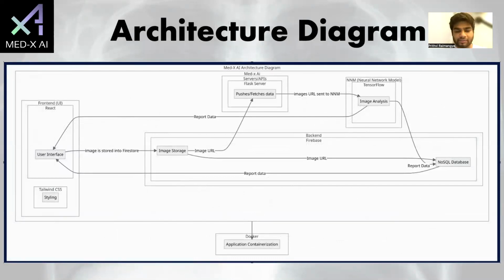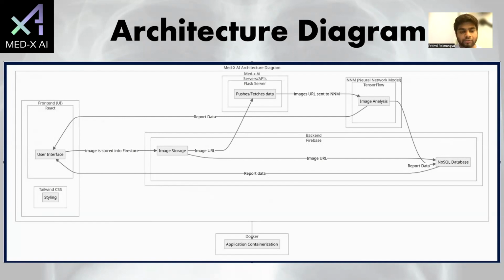So here we will understand the architecture of our application. We started with the front end, and React is the application we use for the front end, for a good UI using Tailwind CSS.